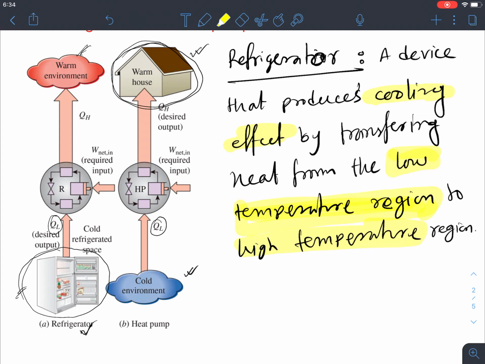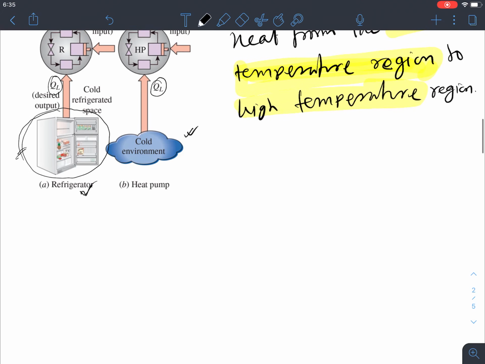Now we know the definition of the refrigerator, then what would be the definition of a heat pump?